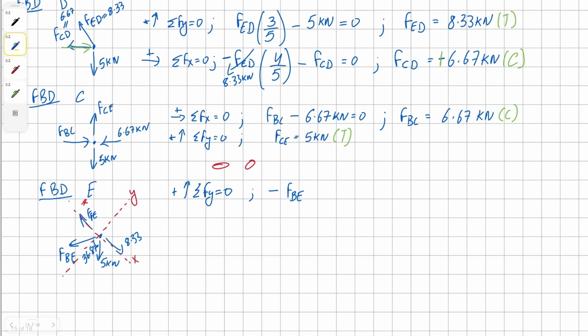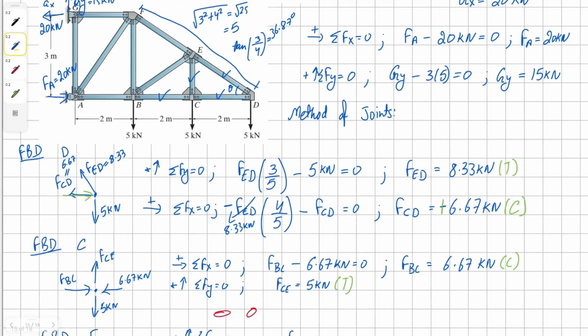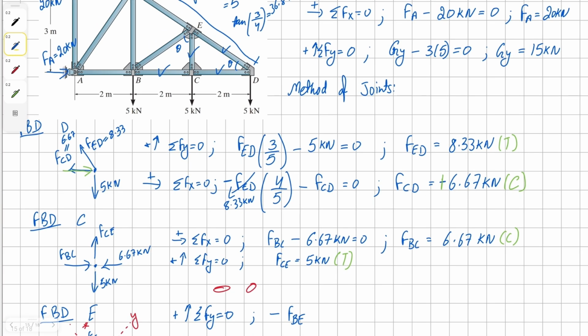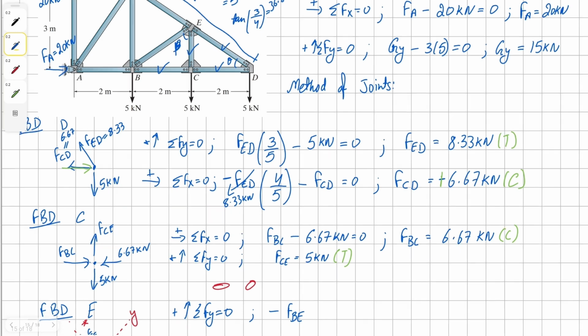To find the horizontal component for force member BE, first of all, we would need to determine this angle from the y-axis. In order to determine this, first of all, we need to determine our angle BEC. There are many ways to determine this angle. What I'm going to do is going to find the length of member EC and use that value to determine our angle beta here.